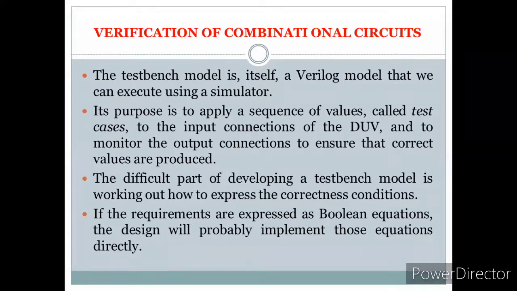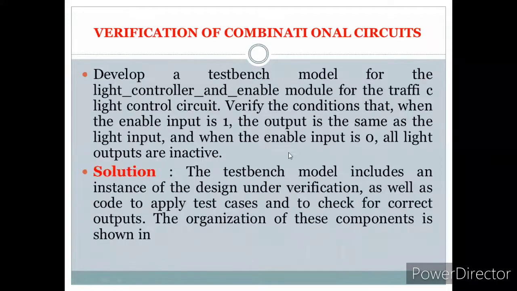If the requirements are expressed as Boolean equations, the design will probably implement those equations directly by using a data flow model, that is, by using assignment statements. One simple example, we had this question in the examination: develop a test bench model for the light controller and enable model for a traffic light control circuit.